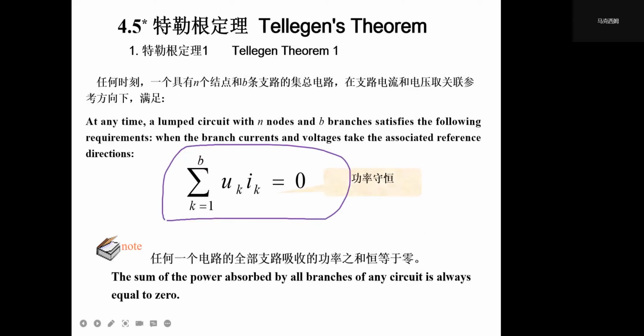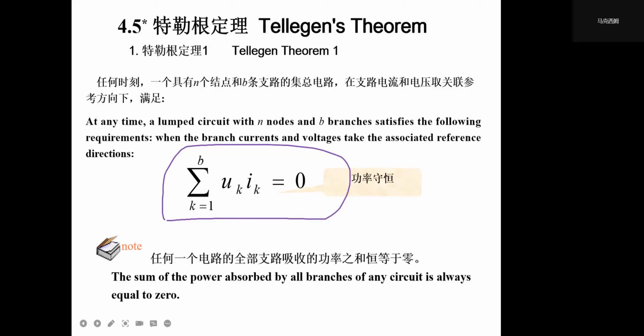It's called the power conservation theorem. So the first Tellegen theorem is actually called the power conservation theorem. The sum of the power absorbed by all branches of any circuit is always equal to 0.